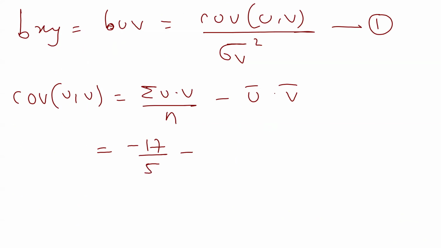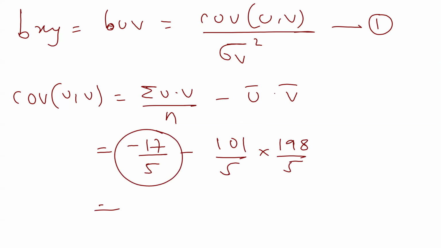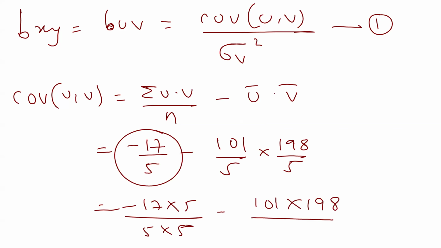So this is minus 17 upon 5 minus u bar v bar. U bar is, I suppose it is 101 by 5 and v bar is 198 by 5. Okay, multiply the first term with 5 throughout. Minus 101 into 198 by 5 into 5. So this is minus 85. 25 is the common denominator over here.